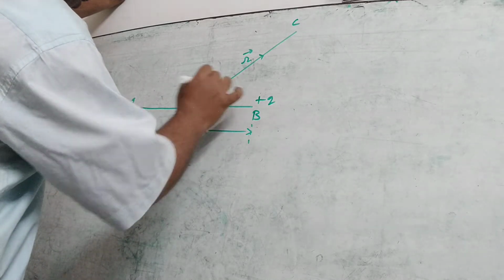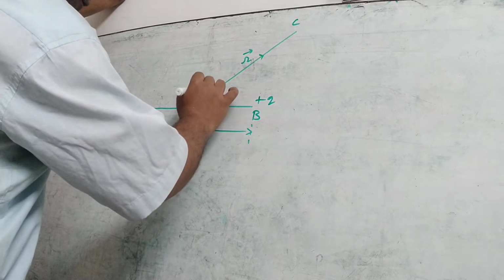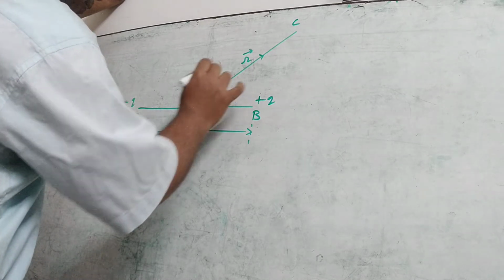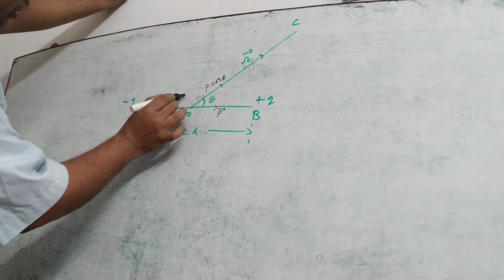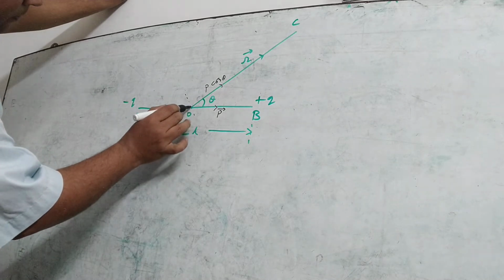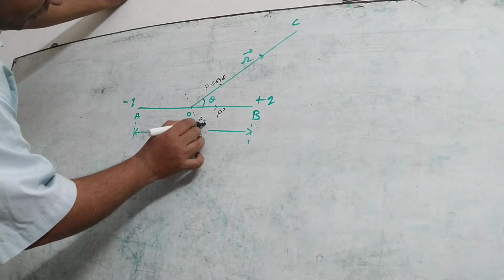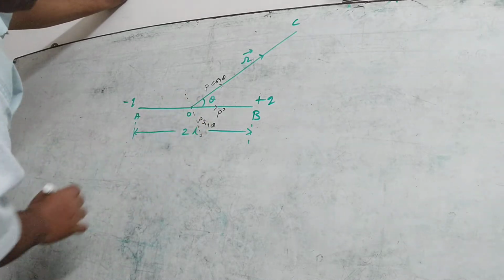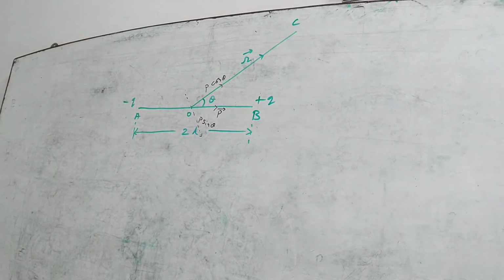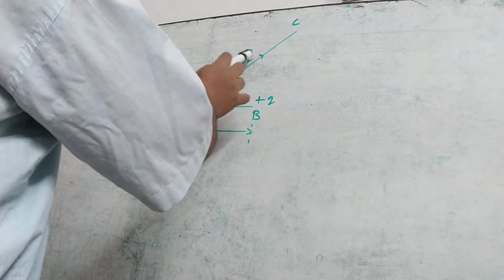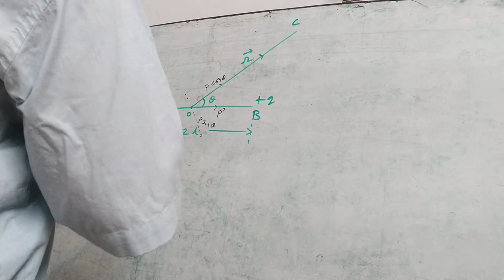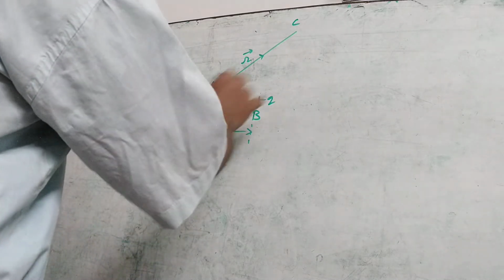One is along the r direction, P cos theta, and another is P sin theta, perpendicular to r.